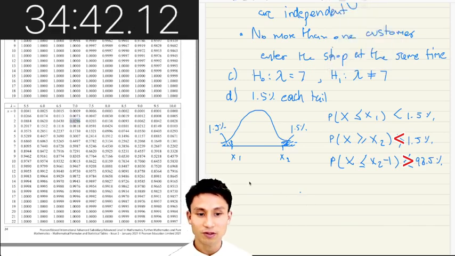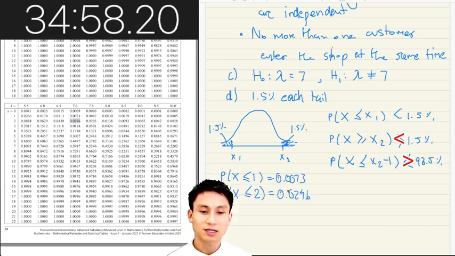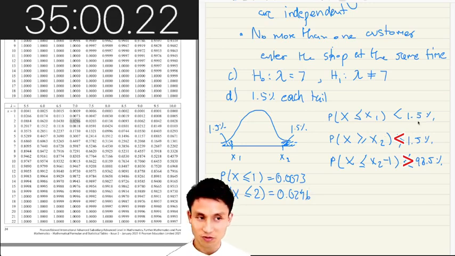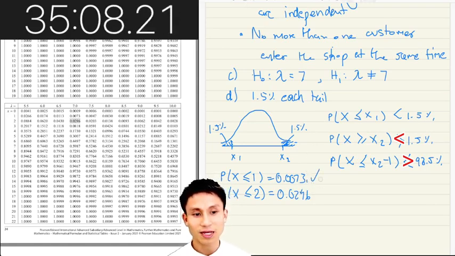So we write that p of x less than or equal 1 equals 0.0073, but p of x less than or equal 2 equals 0.0296. So this is greater than the critical percentage here, the significance level. So we should use that value instead, that one. All right, we're going to take that one for the left end.